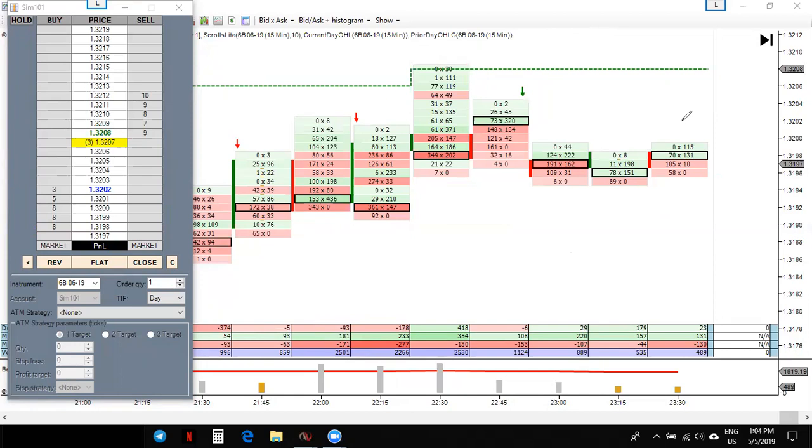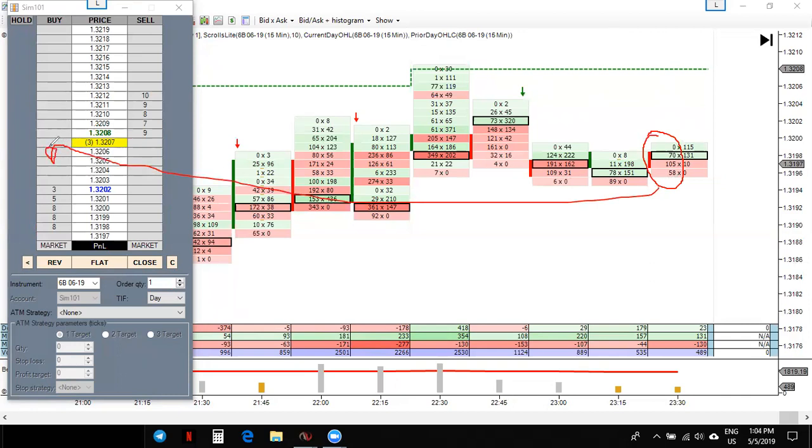So let's just make it simple. For us to know if we are having aggressive buyers or sellers in the market, aggressive sellers are going to be hitting the bid. So where is the bid now? This is the bid.